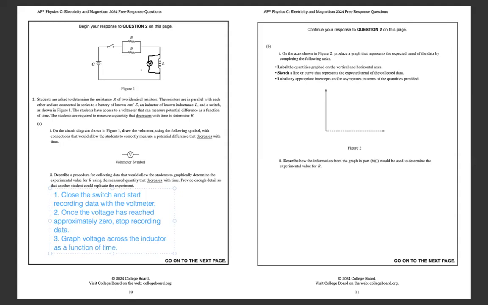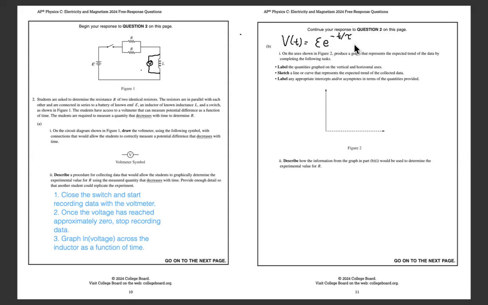All right. Okay. Actually, not voltage as a function of time. I'm actually going to graph natural log of voltage as a function of time. The reason why is because the voltage across the inductor should do something along the lines of V of t is equal to a battery voltage, because all of that voltage should be across the inductor to start, e to the negative t over tau, right?